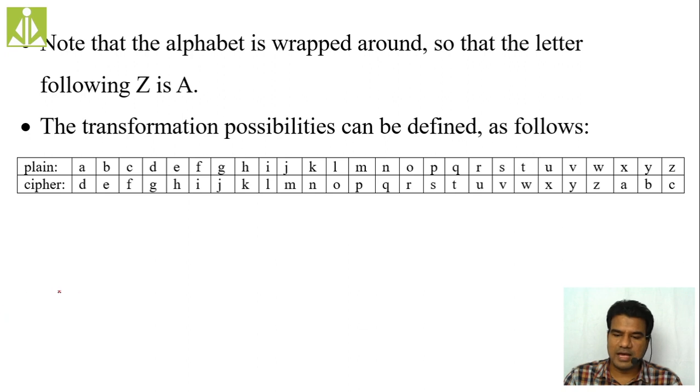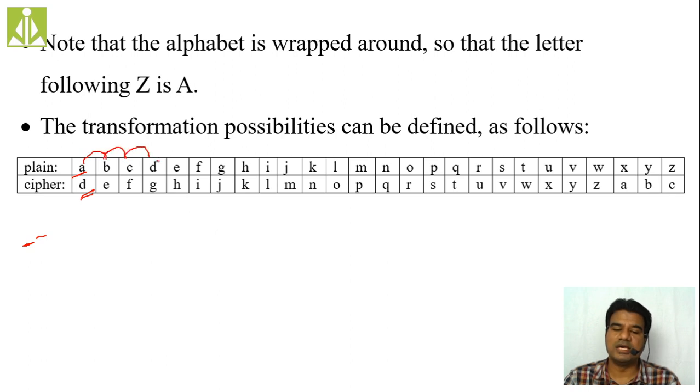As you have plain text A over here, to that A we get D. Why? If you see A B C D, how many characters have we moved down? We move 3 characters down: from here to here 1, here to here 2, and here to here 3.